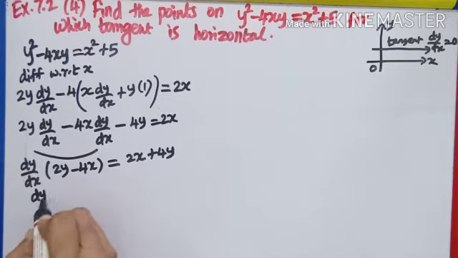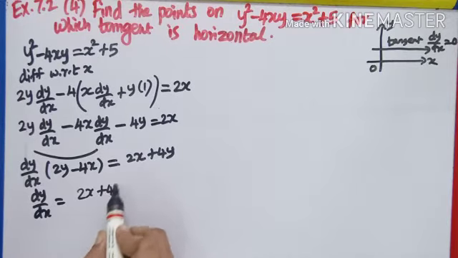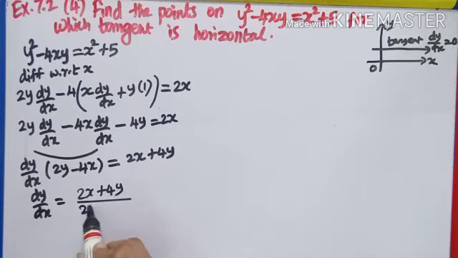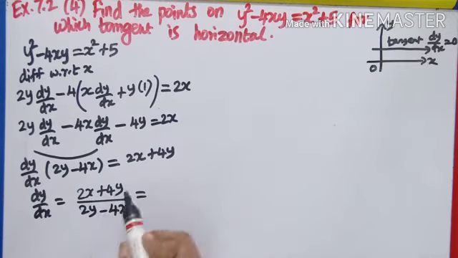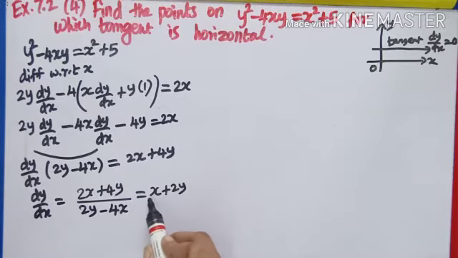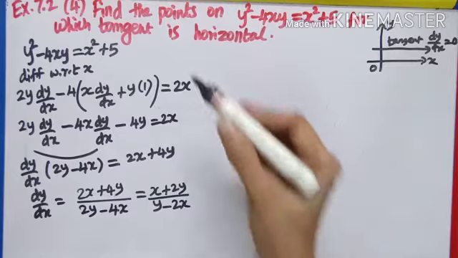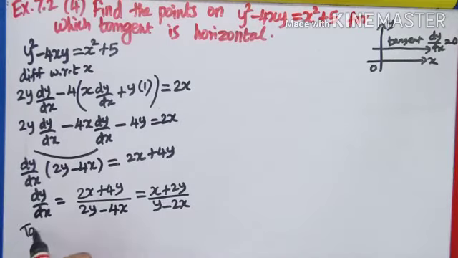So what is dy by dx from here? dy by dx is 2x plus 4y divided by 2y minus 4x. Throughout I can cancel 2. Removing 2 from all the terms, it is x plus 2y over y minus 2x. What is given now? Tangent is horizontal.